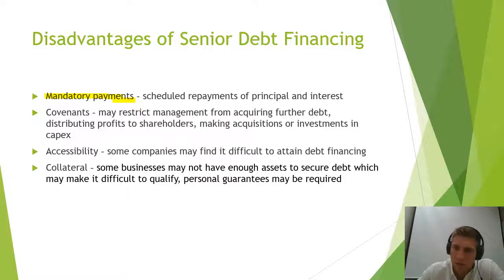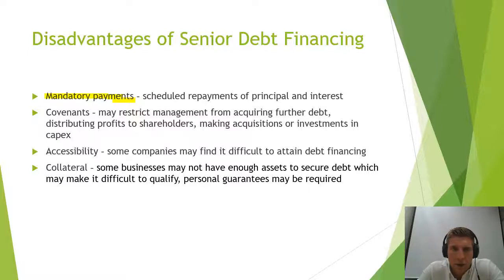It's a fixed expense that must be met, usually on a monthly basis. And the reason why this is a disadvantage is because some businesses that have unpredictable cash flows may find it difficult meeting the monthly principal and interest payments.